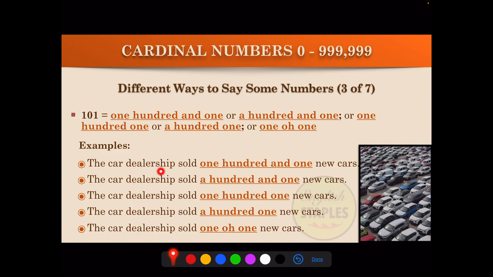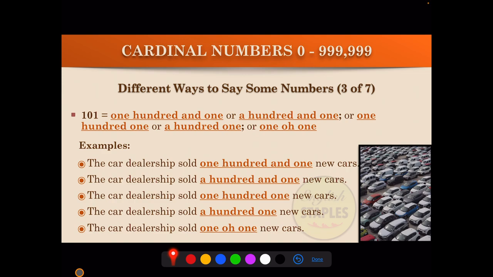The car dealership sold 101 new cars. So there are five different ways you can say this one number.